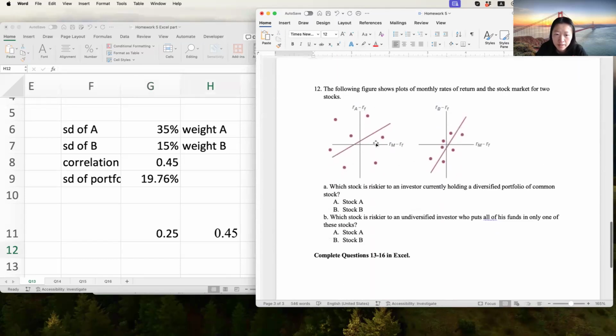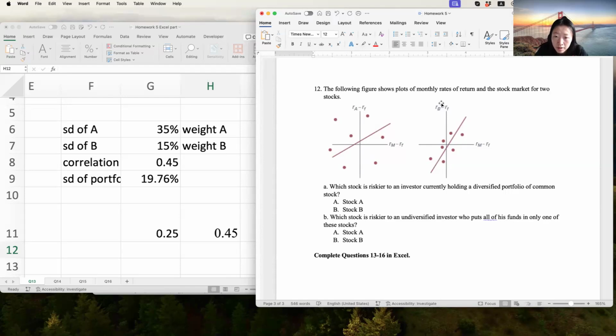Okay, scroll down. The following figure shows plots of monthly rate of return against the stock market for two stocks. The x-axis is RM minus RF. RM is the market return, RF is the risk-free rate, so the x-axis represents the excess market return.